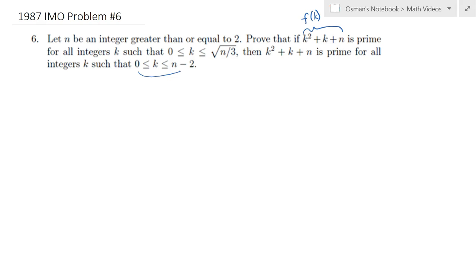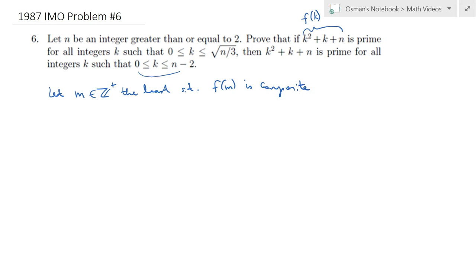So I would like to prove an equivalent statement. It will make use of an extremal argument in the following way. Let m be an integer, obviously a positive integer I assume, the least such that f of m is composite.